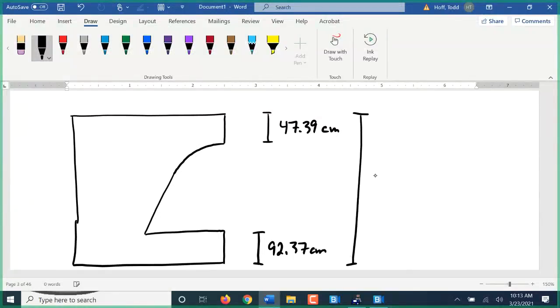Our overall height, 306.08 centimeters. There's a radius here of 50.18 centimeters.